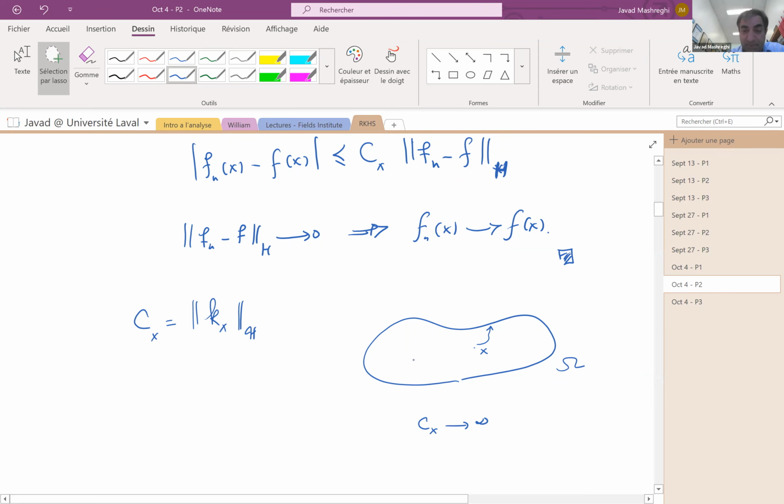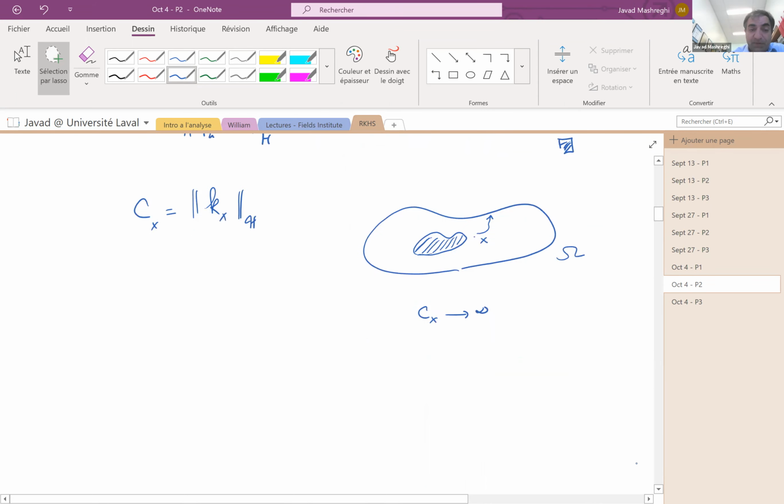But at least in the analytic setting, if we stay away from the frontier, so if omega prime is inside omega and the supremum of the norm of Kx, X in omega prime, is a constant which of course depends on omega prime, which is not plus infinity.